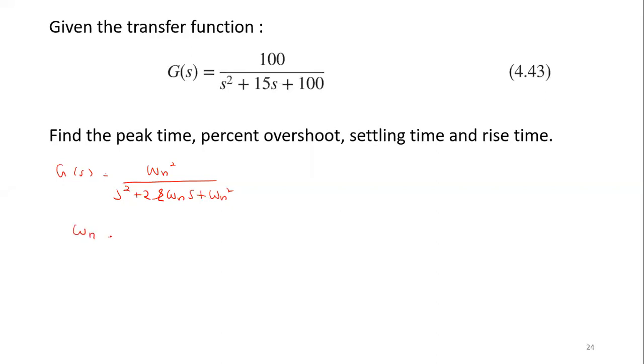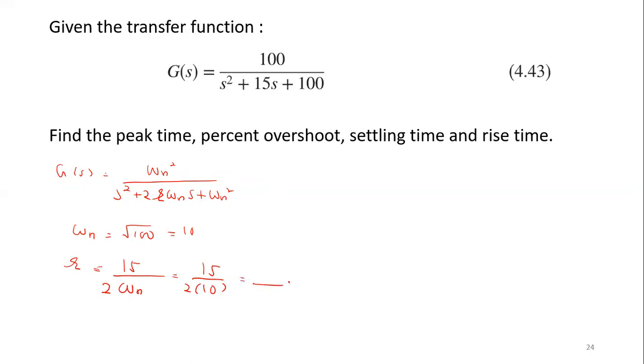Natural frequency is here. So what is the damping ratio? Proper damping ratio is 15 over 2 times the natural frequency. Am I right? So 15 over 2 times 10.